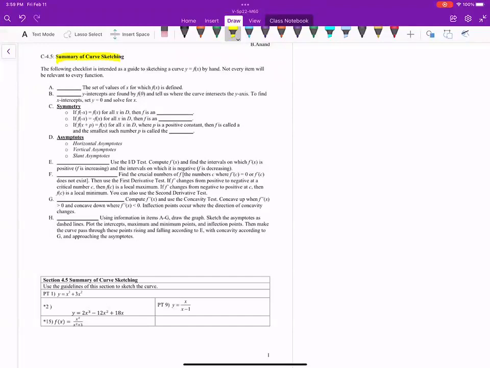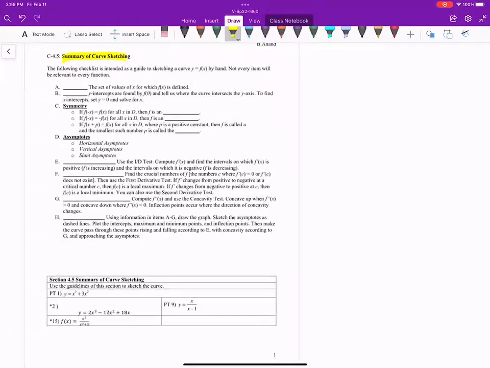And now there are guidelines for that, just like the way you did in algebra classes. Now we are going to involve the first derivative, second derivative test and all that to do a better, comprehensive graph of a function. Even though these are only guidelines, it's not necessary to follow all the guidelines, A through H, in every single problem.